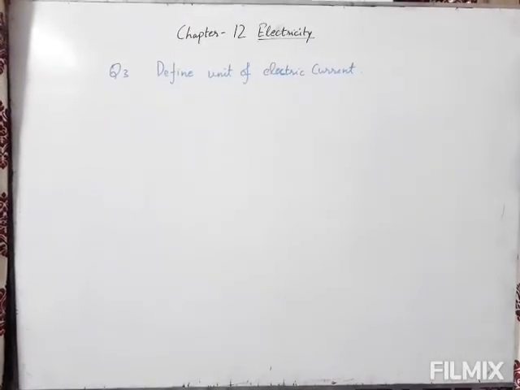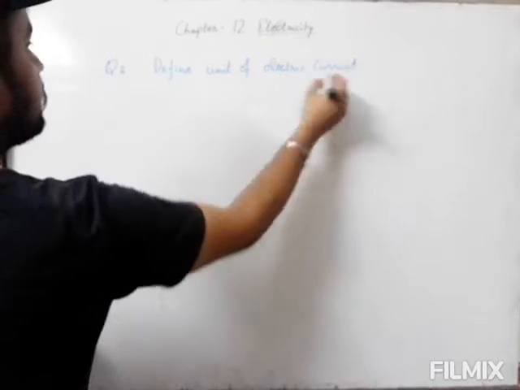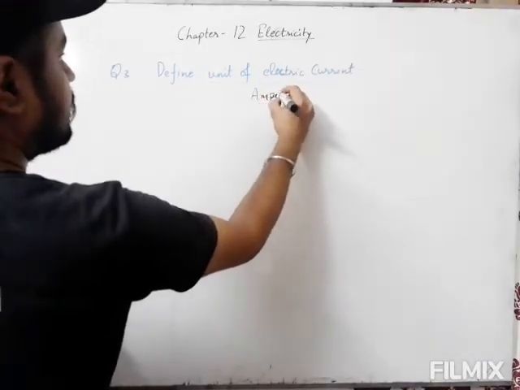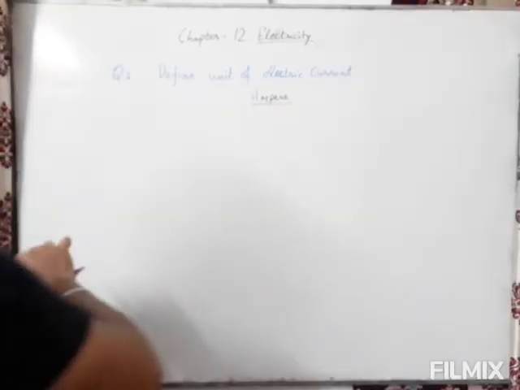Very next question is the definition of the unit of current. Basically we should know what the unit of current is. Unit of current is ampere.